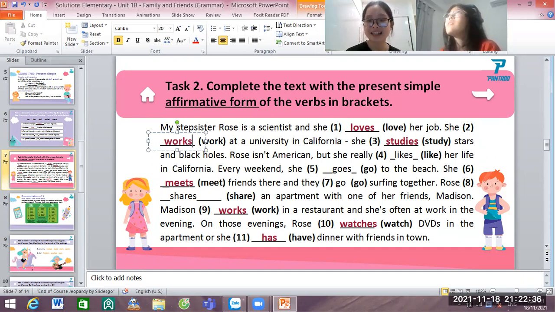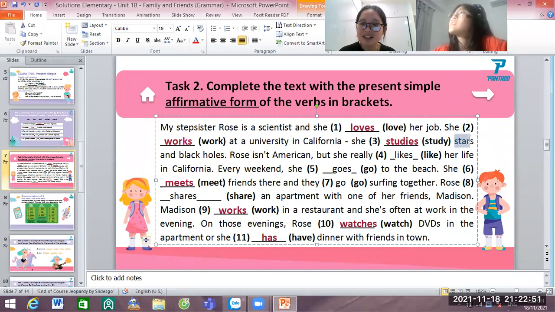Wait. Studies. She studies. Good. Stars. Holes. Because we have the S here, we need to pronounce it.